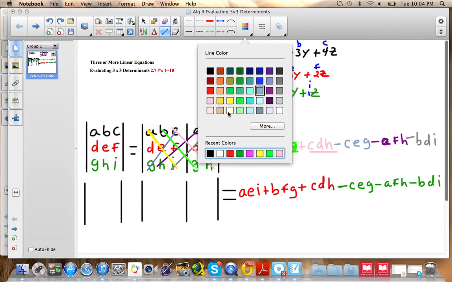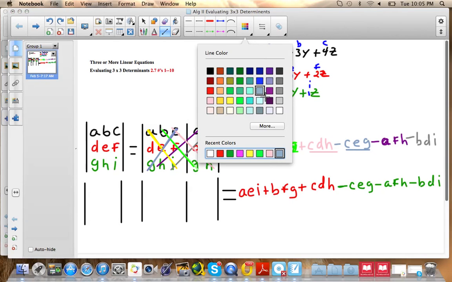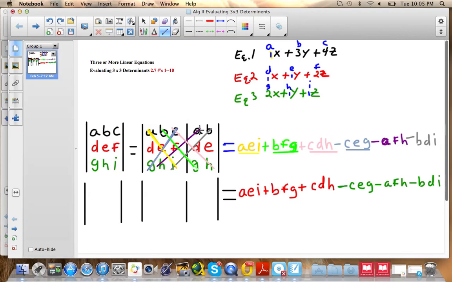And I'm going to say, okay, I'm going to start at C. I'm going to go CEG. So now I'm going backwards. I say minus CEG. And then again, I go minus AFH, right? Minus AFH.